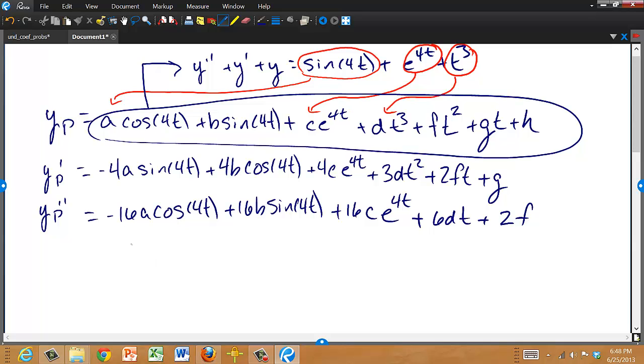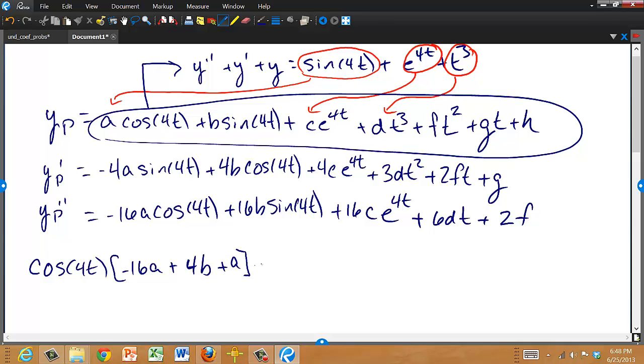We'll go ahead and I'll group things all at once here. So if I add up yp double prime plus yp prime plus yp, I'll have cosine 4t times negative 16a plus 4b plus a.